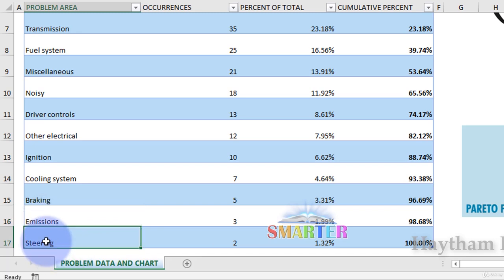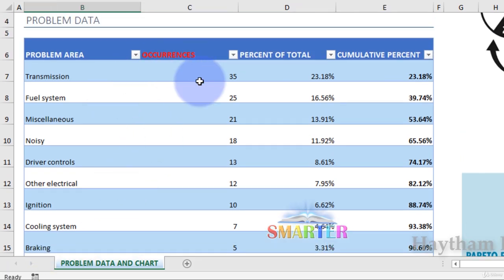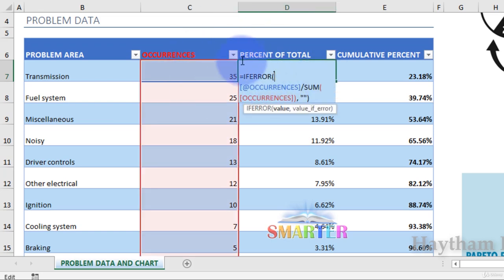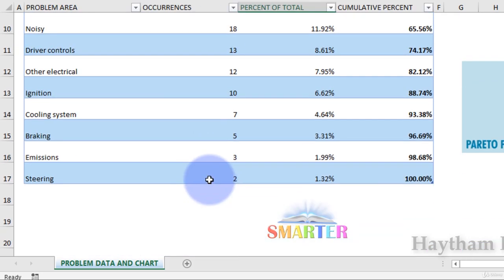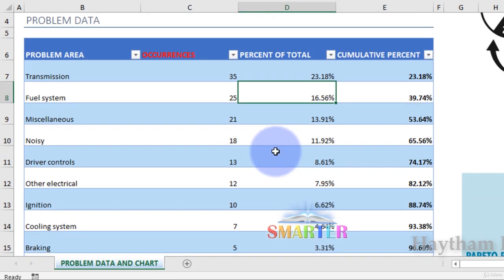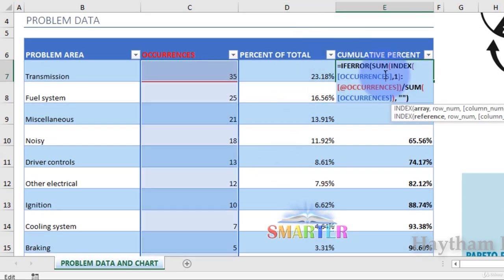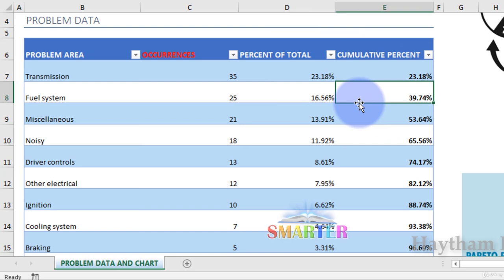After entering the occurrences data, just calculate the percentage based on each occurrence and the total number of occurrences. After that, calculate the cumulative percentage based on the percent of total, and search for 80%, and here is the 80%.